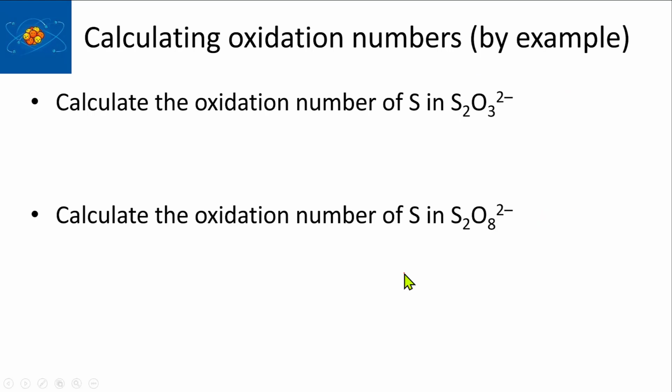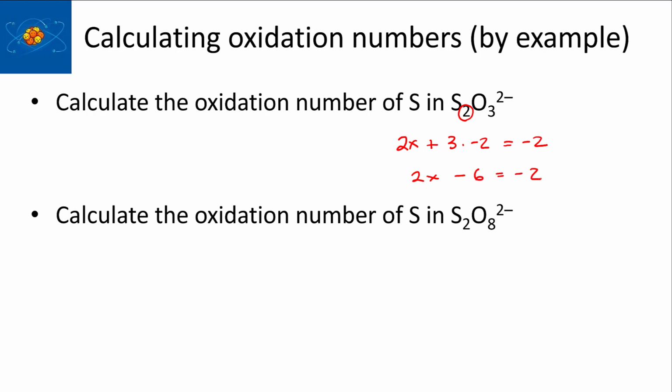So now we have S2O3 2- thiosulfate, and we want to calculate the charge of the sulfur in thiosulfate. So we have 2x, because I have 2 sulfurs in the compound, plus 3 times minus 2 equals minus 2. So this is going to be 2x minus 6 equals minus 2.